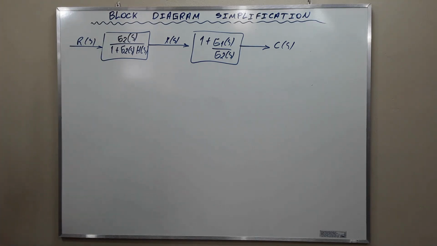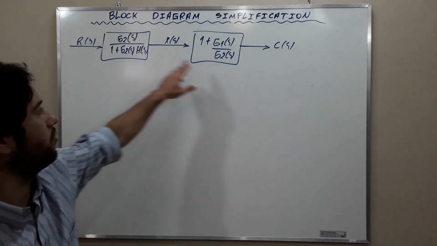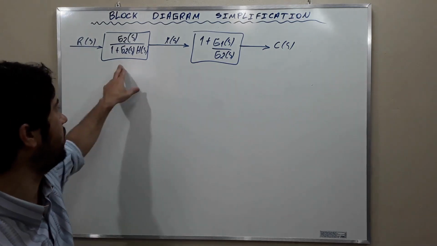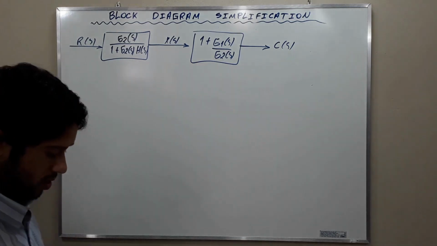From this, how can we simplify further? We are going to multiply this and this. This multiplied by this.